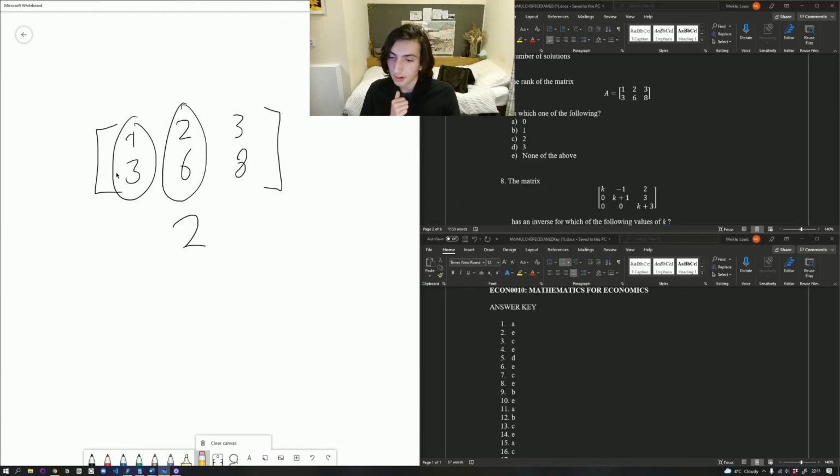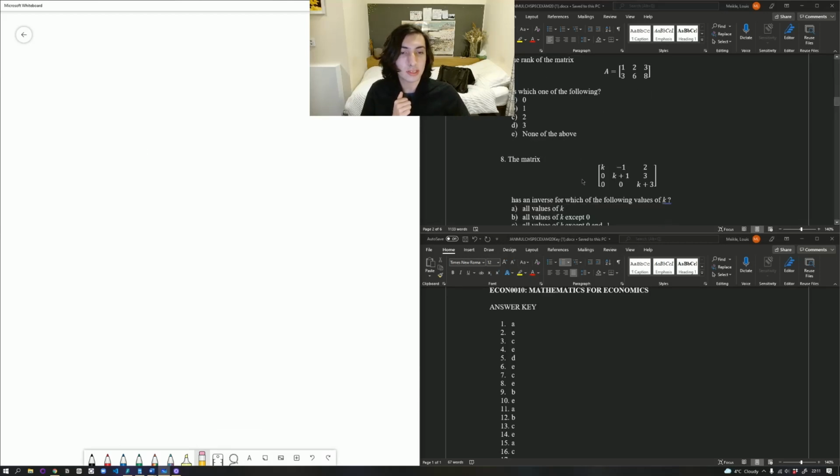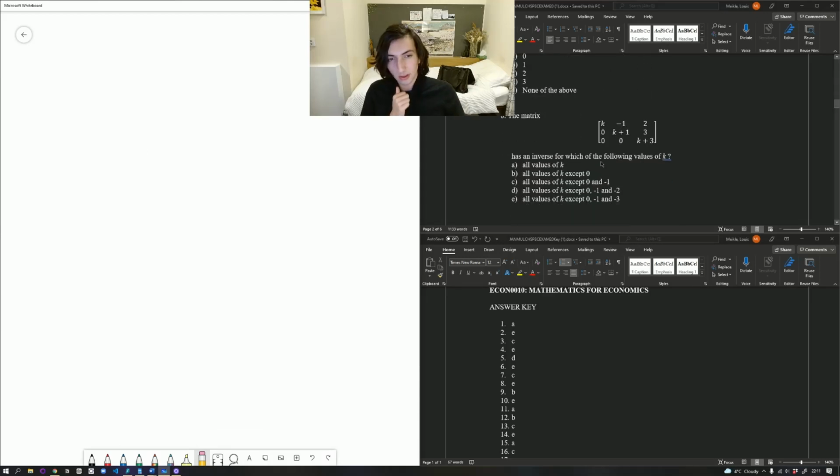Now for the next one. The matrix here is invertible for which of the following values of K. Finding the determinant of a 3x3 matrix is fairly simple. You guys should probably know this. It's going to be that top row, and you're going to multiply it by the determinant of the lower quadrant, basically the part that hasn't been crossed out by the row and column.